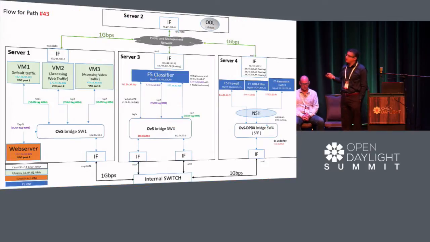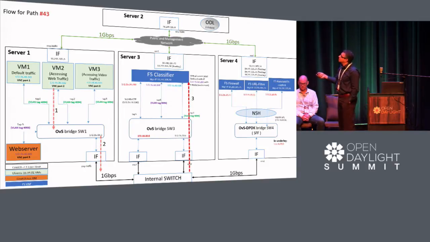Let's just take a quick overview back to this slide and see how data from VM2 would go through this path. First, it goes through the OVS bridge on server 1, where it gets routed over to the classifier. Notice that the user here is going to be using the IP of the virtual server pool defined in the F5 classifier, which currently has only one member, which is a web server on server 1.